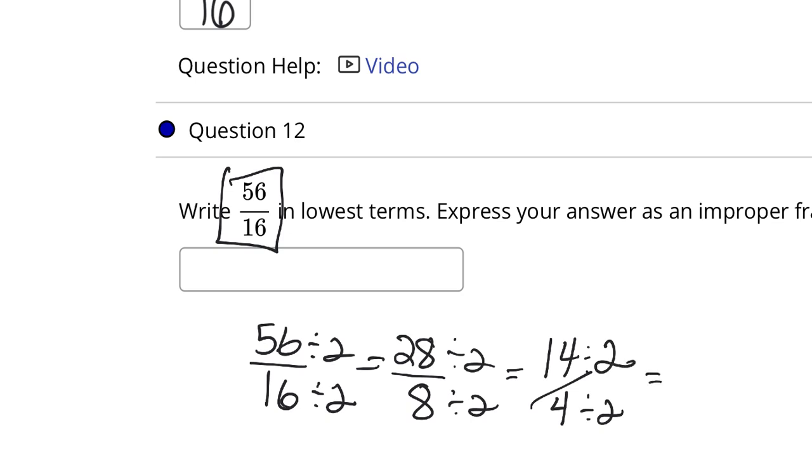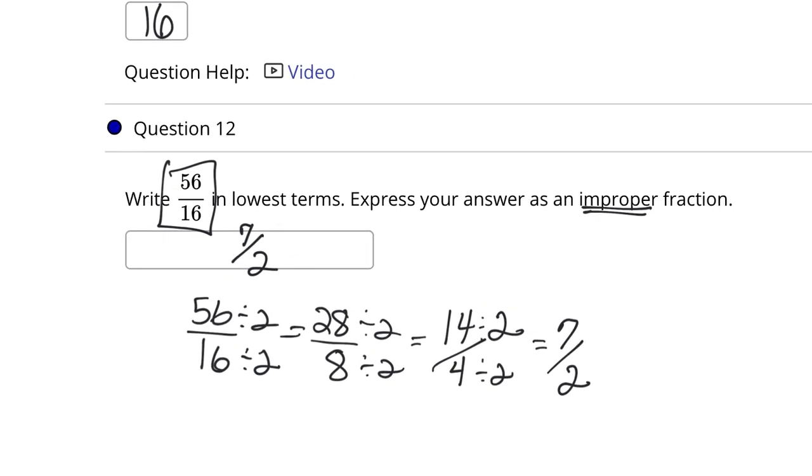Sorry about the clicking. 7 over 2. So it does say express your answer as an improper fraction. That means the fraction is not a mixed number, but the fraction has a larger value in the numerator than the denominator. So an improper fraction is when the fraction has an equal or larger numerator.